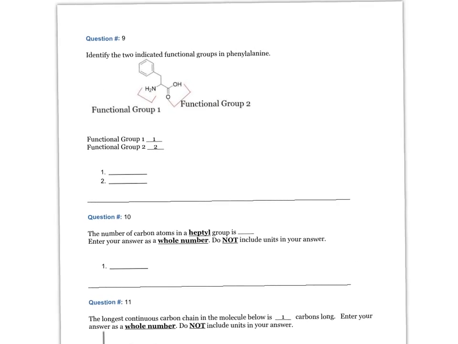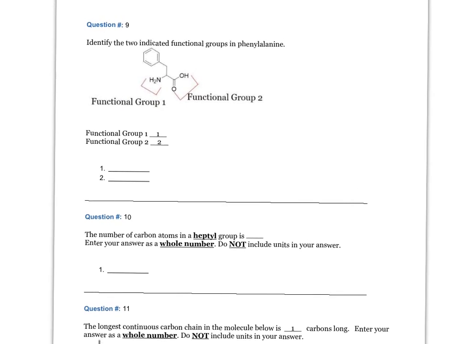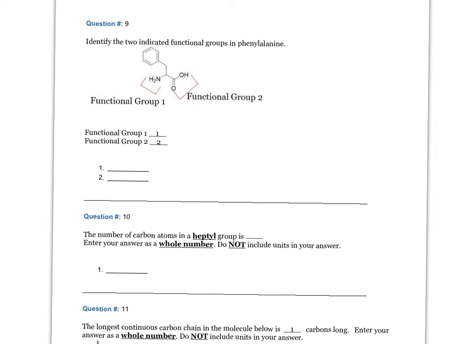Okay, another functional group question, question number 9. Identify the two indicated functional groups in phenylalanine, an amino acid. Functional group 1, functional group 2. Functional group 1 is an amine.